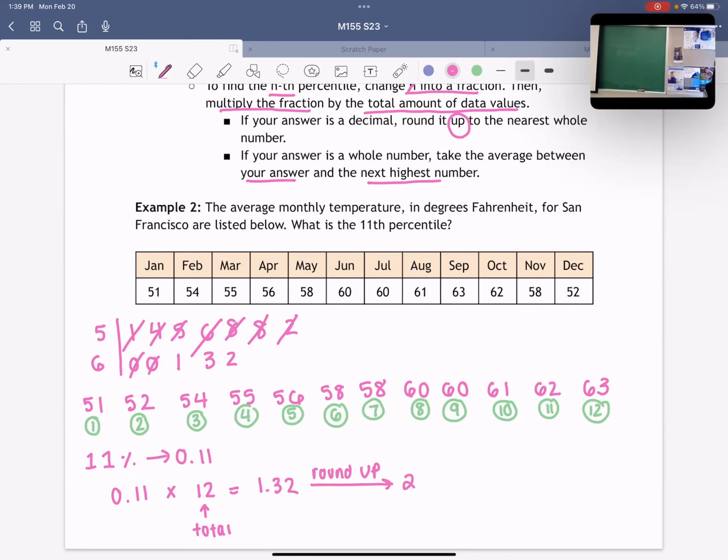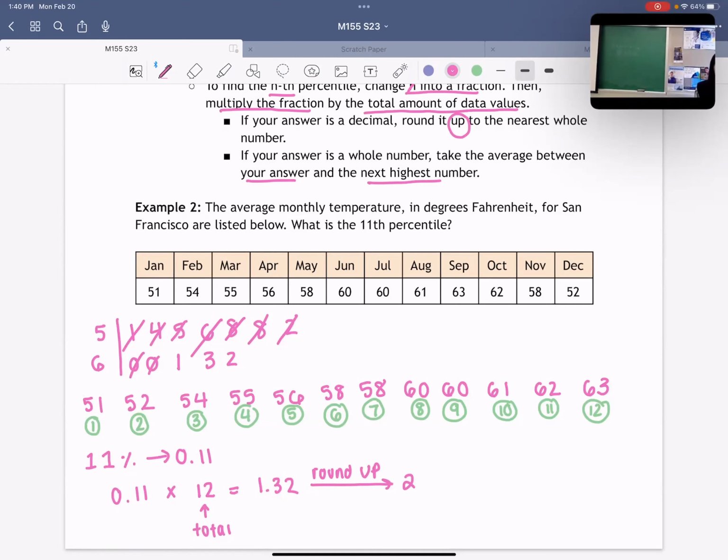Okay, so even though 1.32 seems like it should round to 1 because 3 is less than 5, you always round up these decimals to the next highest number. Okay, it's just a convention in statistics. Some guy just thought, oh, I guess we're going to round things up to the next number instead of rounding like we normally do. This is just how percentiles go. So remember, always round up to the nearest whole number.